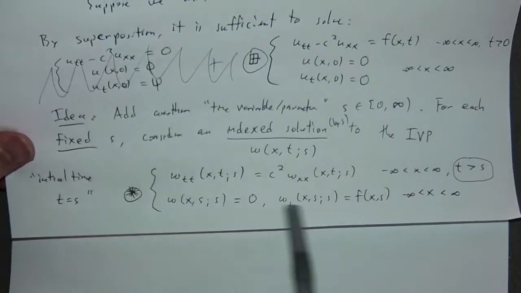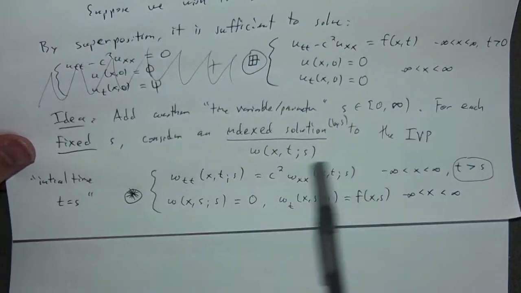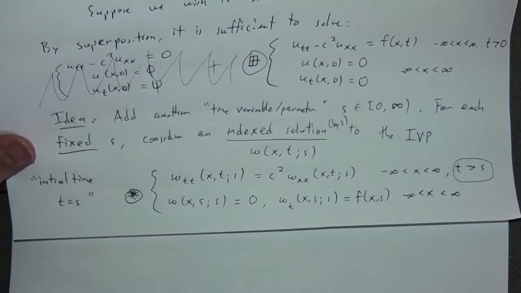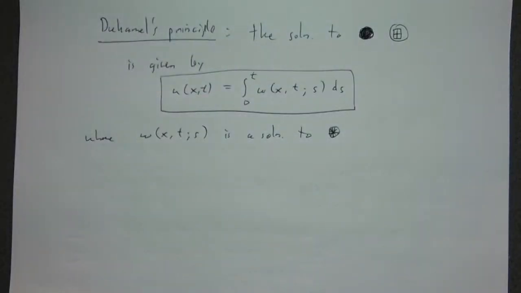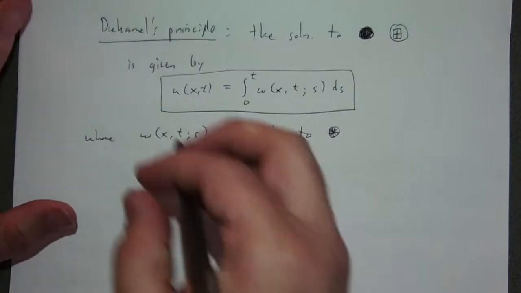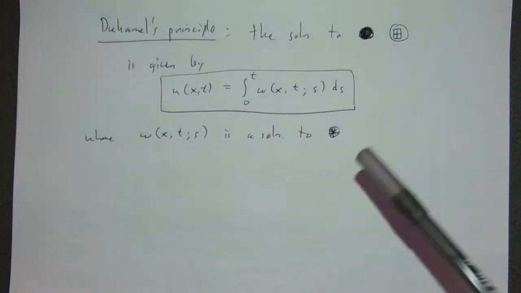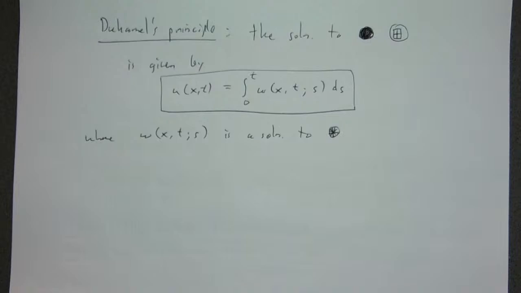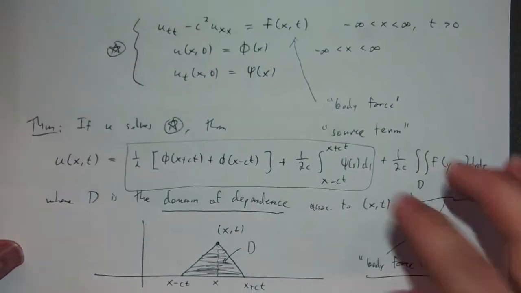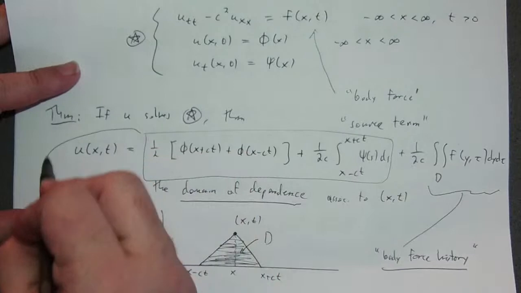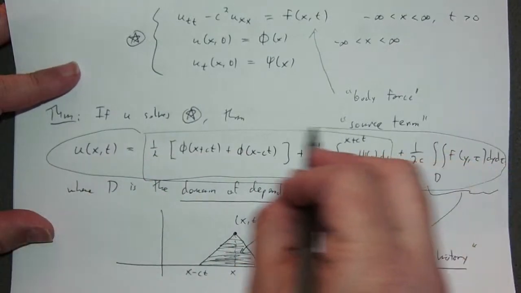Which is this indexed problem. Okay. So it turns out that this formula here actually reduces to our modified D'Alembert's formula for the inhomogeneous equation, this fact here.